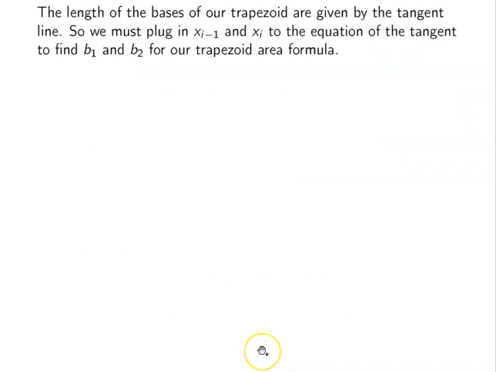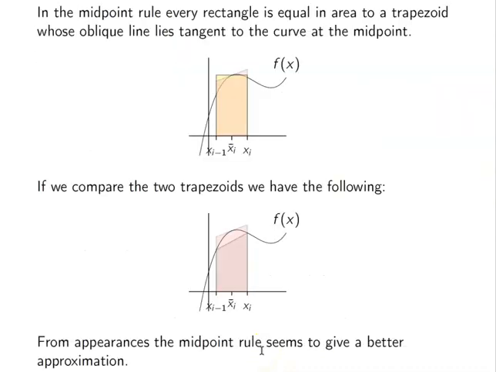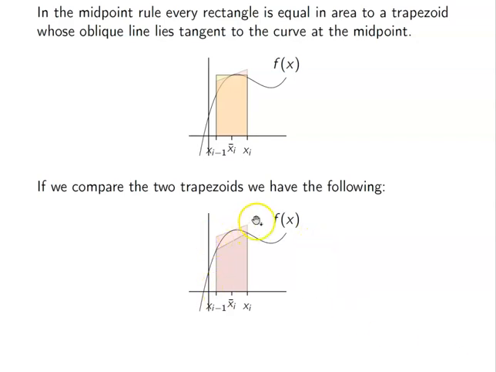So again, let's go back here. Remember, we're doing the trapezoid that is tangent at x sub i. The function height for one base is given by x sub i minus 1 being plugged into the tangent line. The other base is x sub i being plugged into the tangent line, because it's this pink trapezoid here.